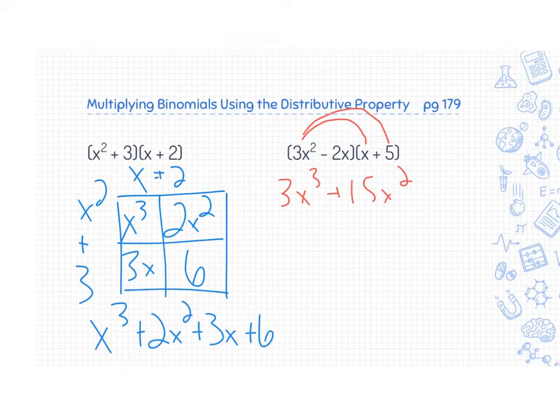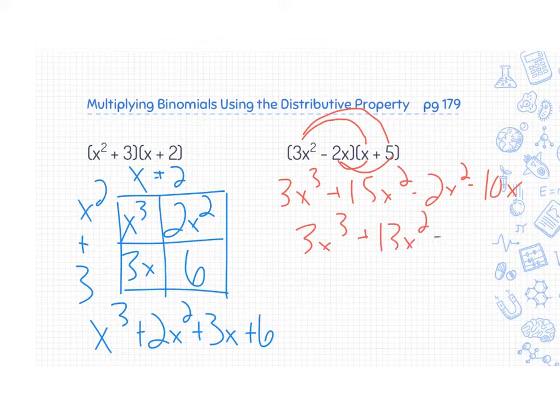Distribute our negative 2x in, and we get negative 2x squared, and then minus 10x. So this time we have like terms, so I have 3x cubed plus 13x squared minus 10x.